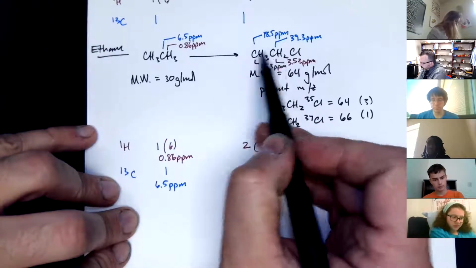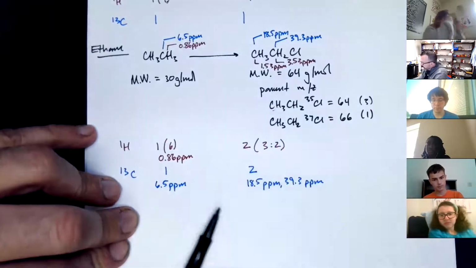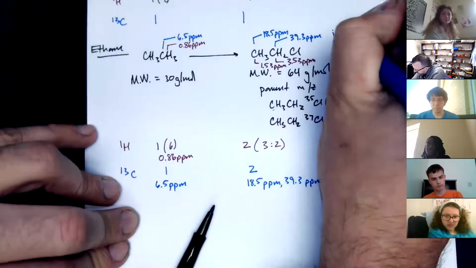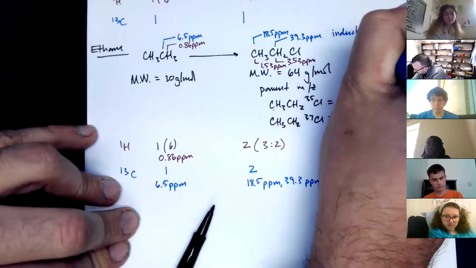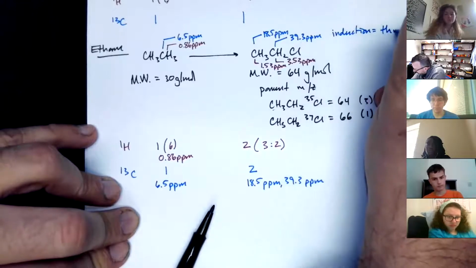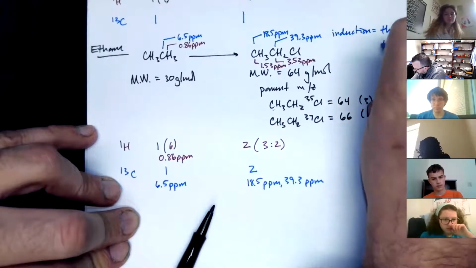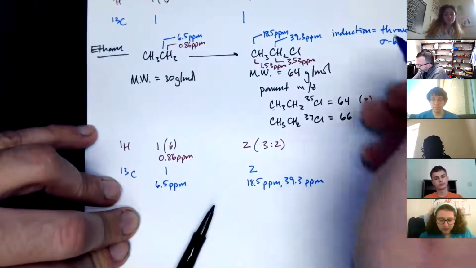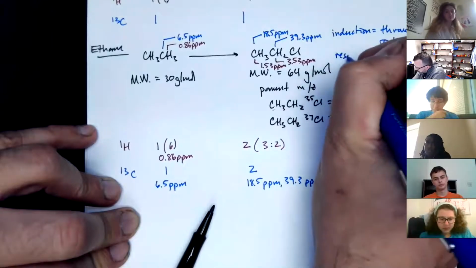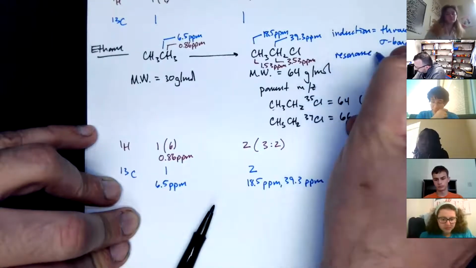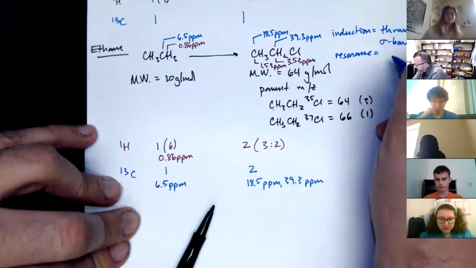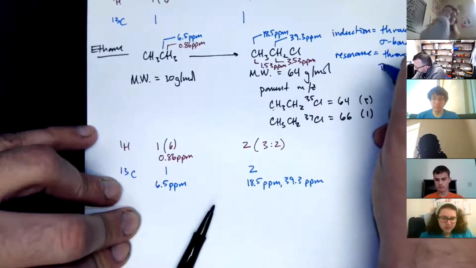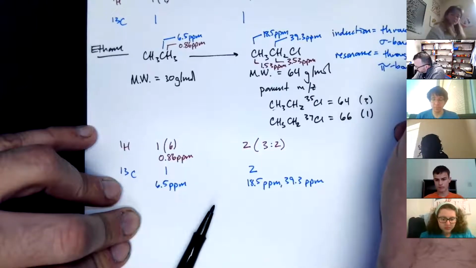And the reason this one shifts is induction. Remember, induction is through bond. Induction is through sigma bond. Resonance, which we do not have here, is through the pi bonds.